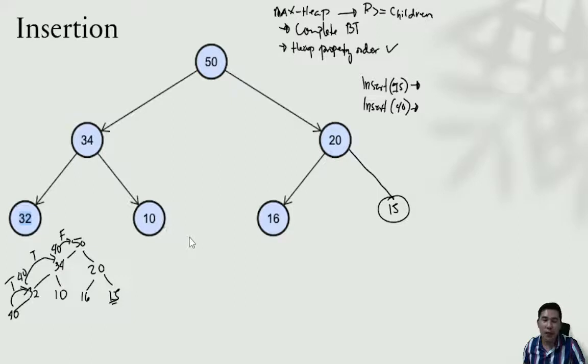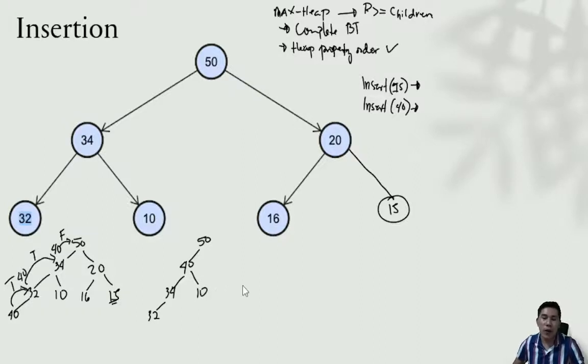So we'll have a binary heap here, where 50 will remain as the parent node. 40 will be the left child of 50. And then you have here 34, and then 32, and then 40 would have 10.